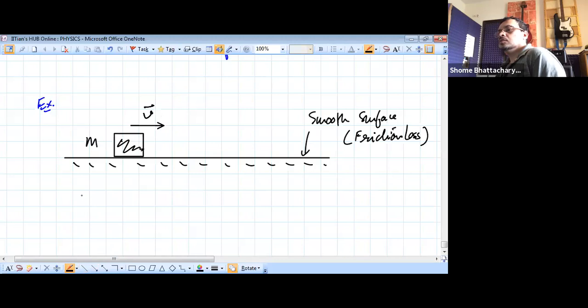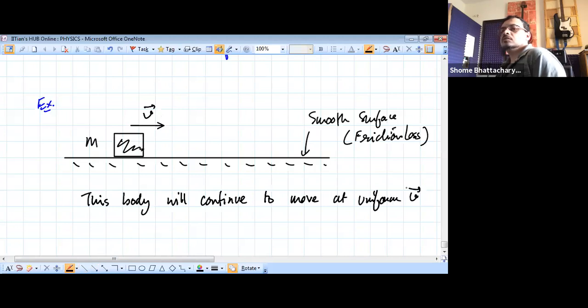This body will continue to move at uniform velocity until and unless some force is applied.